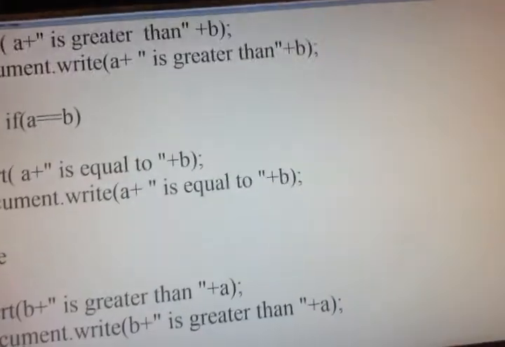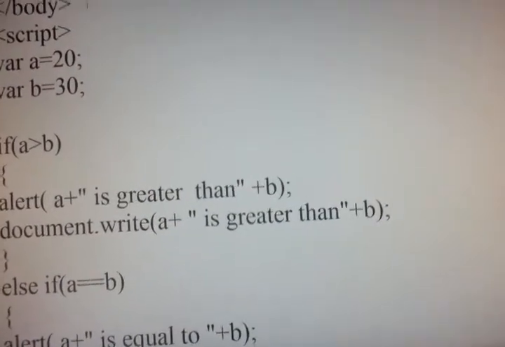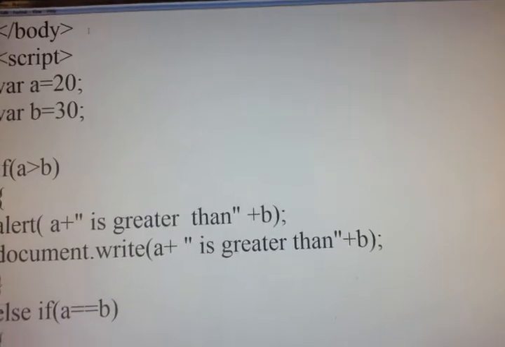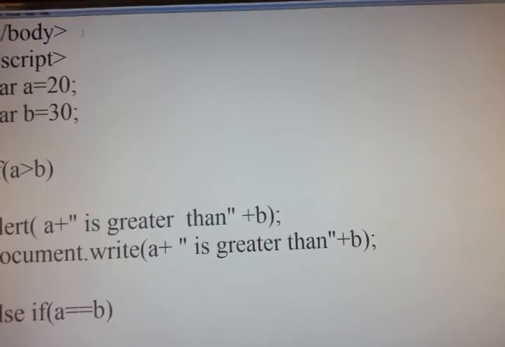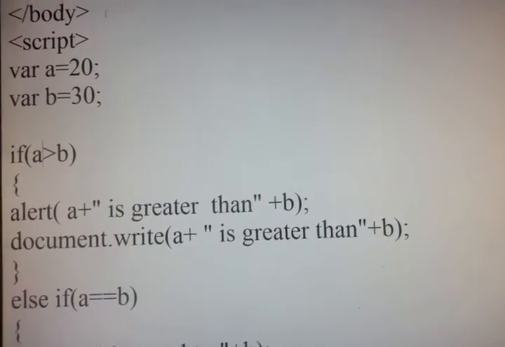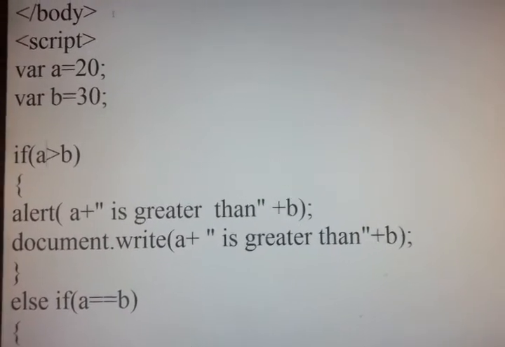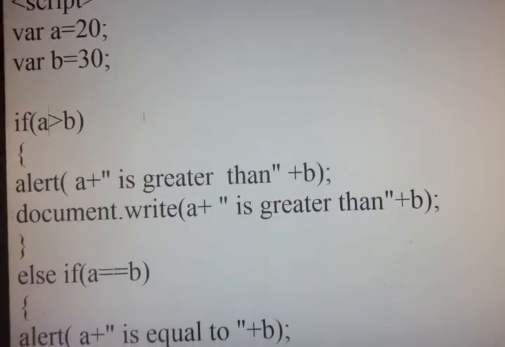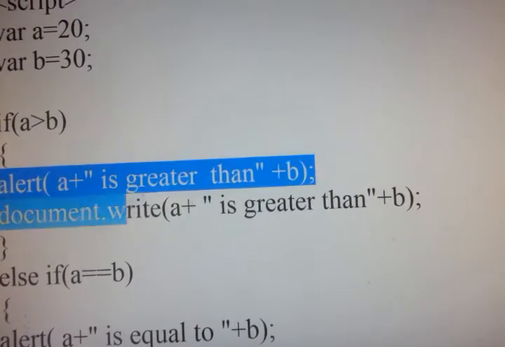So what we have written, we have taken two variables, A value and B value. If A greater than B, here A is 20 and B is 30, so 20 greater than 30, the condition is failing. So when the condition is failing, this will not be activated.